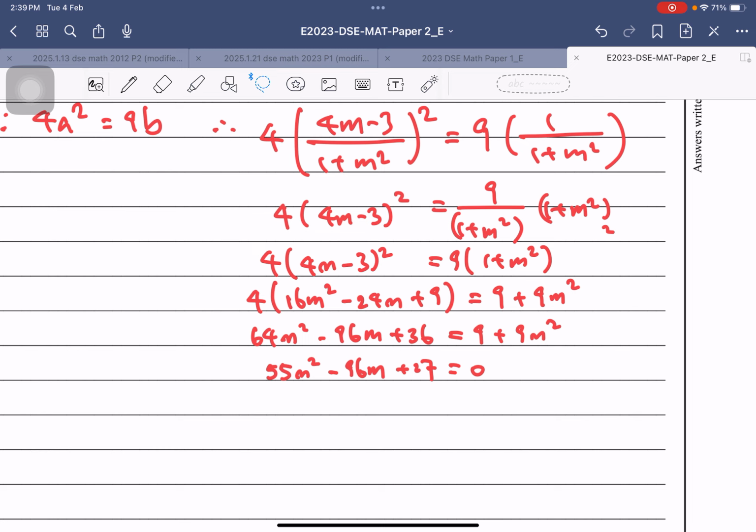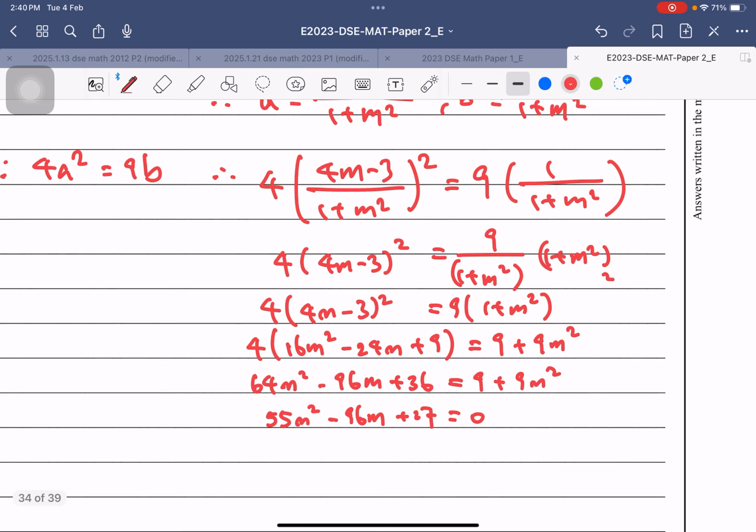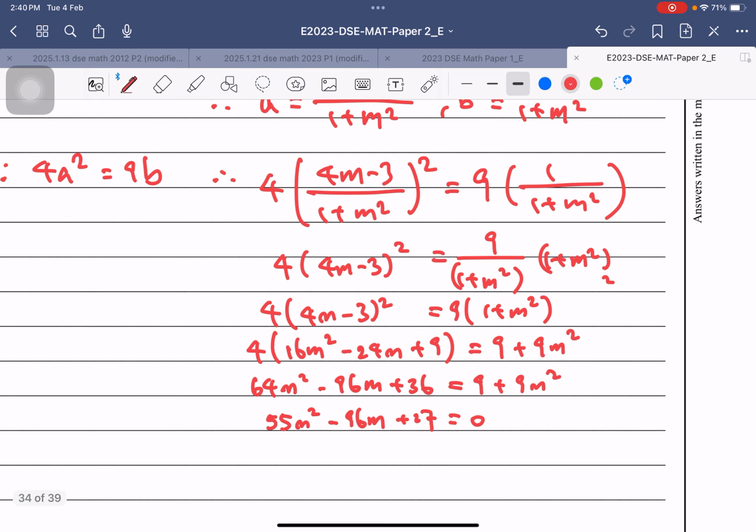Can you use it? Okay, until this step, is this okay? Yes. The answer is something ugly, isn't it? 1.39, 0.352. Something very ugly, isn't it?